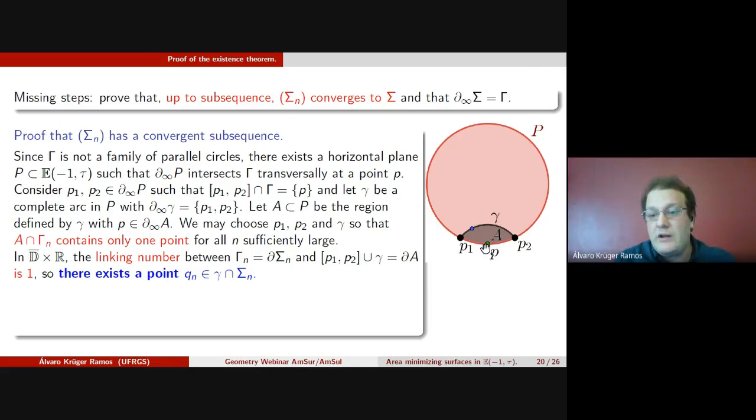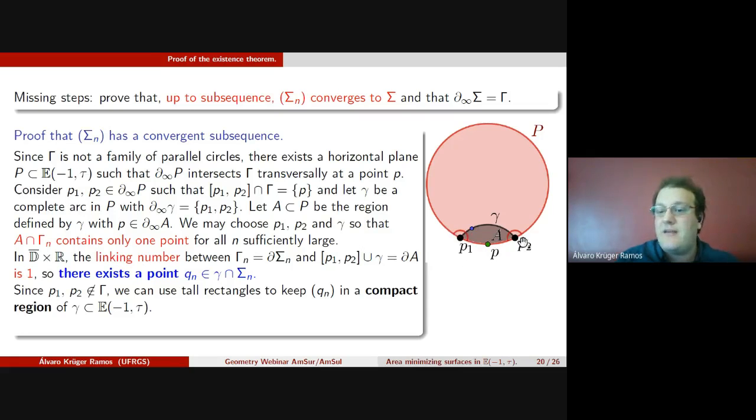Now, since P1 and P2 are not in gamma, we can separate them from sigma n using tall rectangles. And what's left here is a compact arc. So for any n, you have a point in this compact arc, which is compact, I already said that.